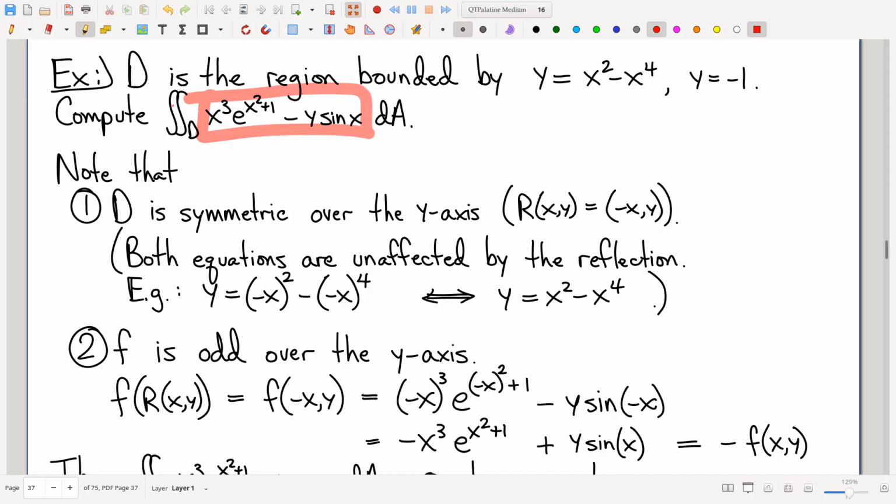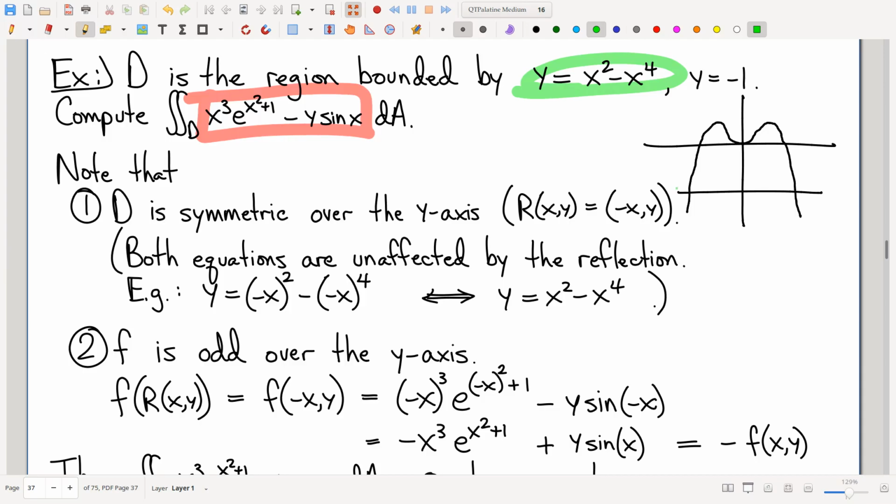Second of all, if you draw what your domain looks like, by the way, this is a Calc 1 prereq thing, so make sure that you can draw at least qualitatively. So yeah, this curve is approximately like that, and this curve is about like that, and so our region, the region bounded in between, is this shape.